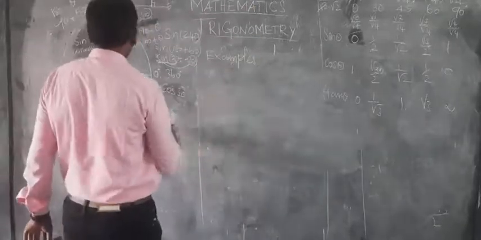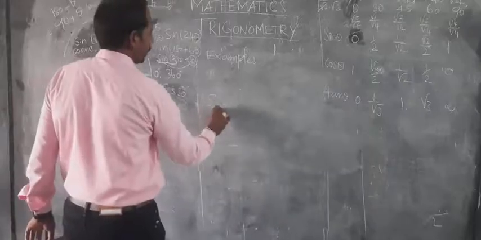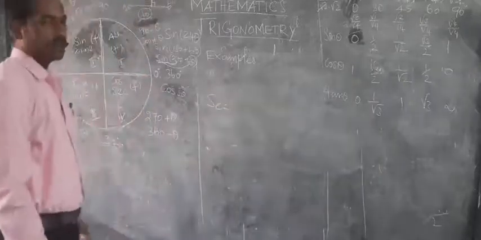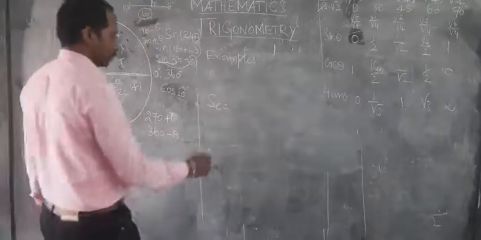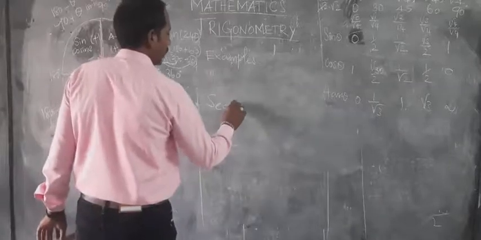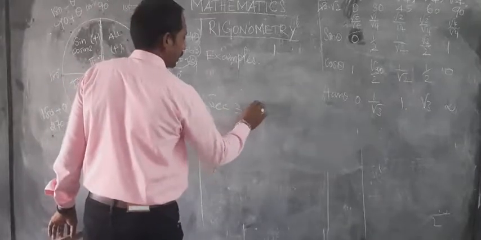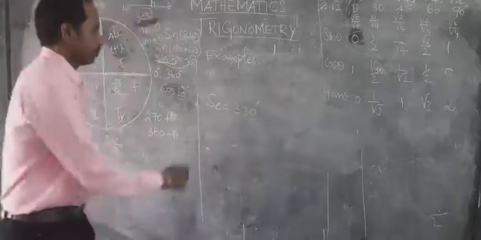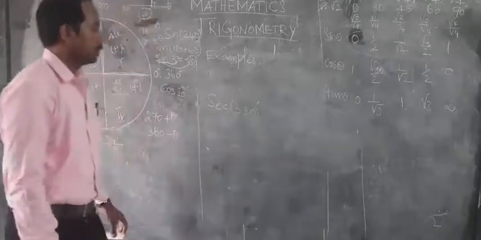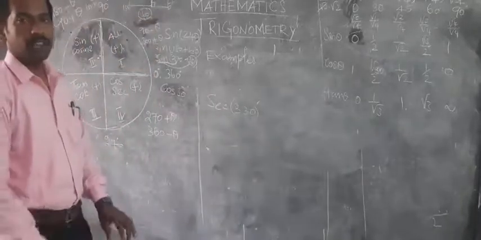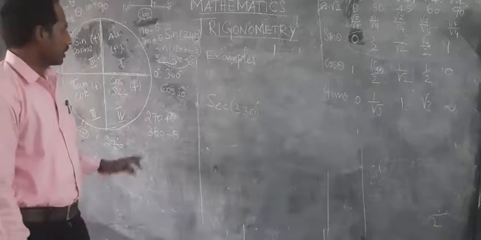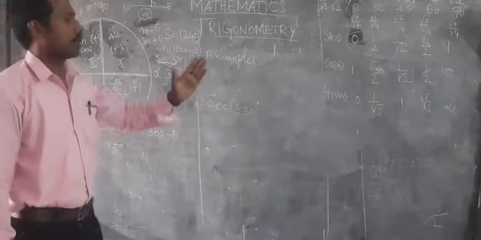For example, suppose you want to find secant of 330. What is the value? Come to the point. First, see the quadrant.